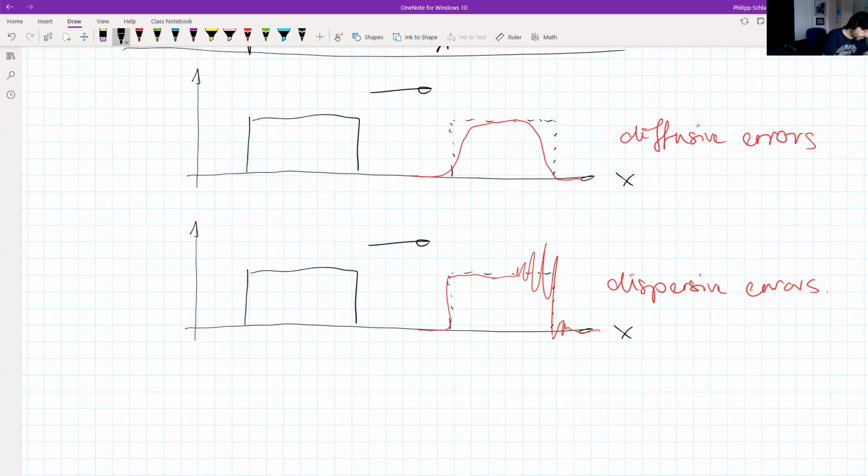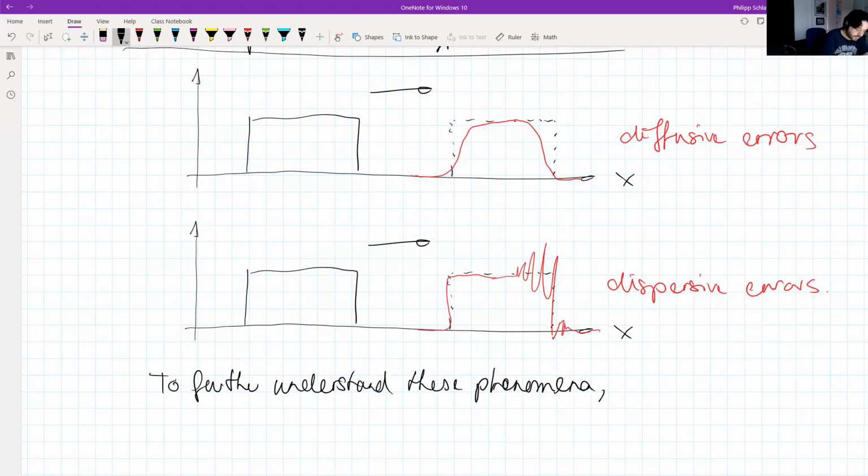So to further understand these phenomena, let's consider a single wave.